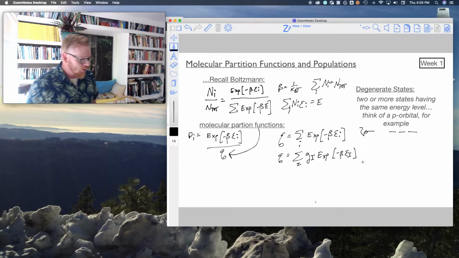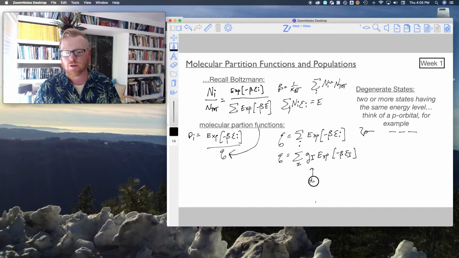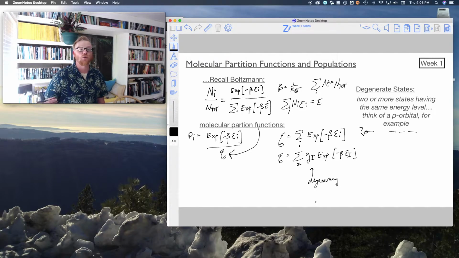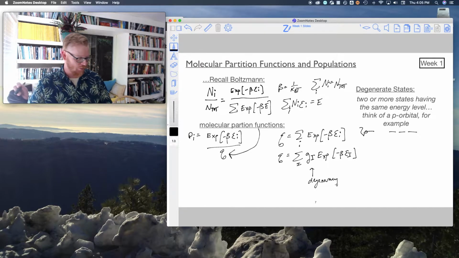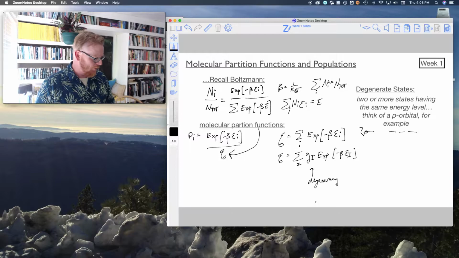So basically, if there are degenerate terms, then we can account for those degenerate terms when we're summing up this total population. We're not really going to get into the nitty-gritty details of degeneracy until like 362 with spectroscopy, but it's a good time to introduce this concept.